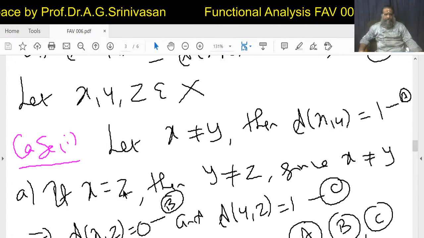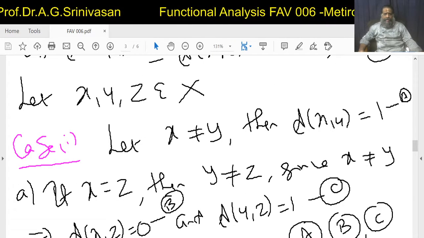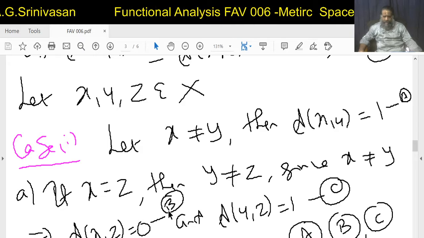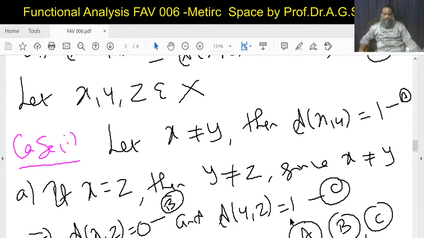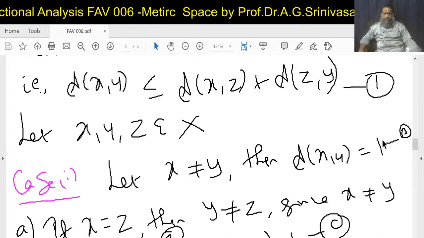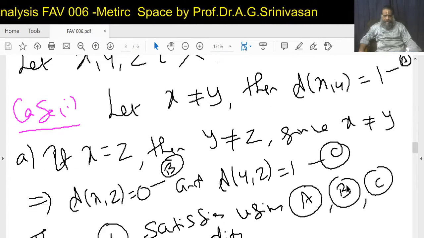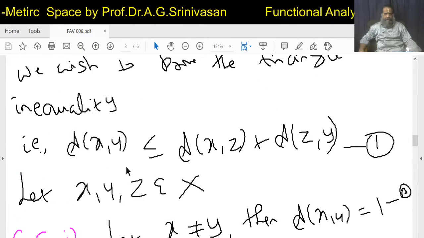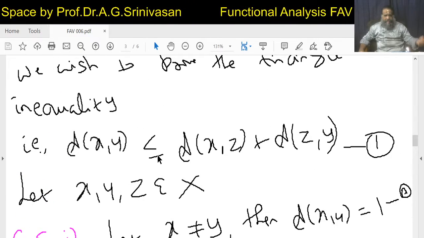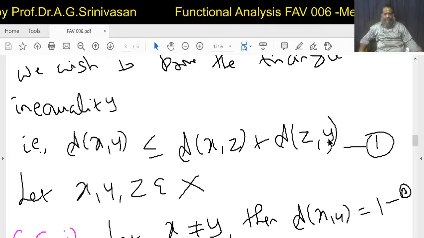So x equals z, and by definition of the metric, d(x,z) is 0, which I call B. Because y is not equal to z, by definition d(y,z) is 1, which I call C. So from A, B, and C, you have d(x,y) = 1, d(x,z) = 0, d(z,y) = 1. Thus d(x,y) is equal to d(x,z) plus d(z,y).